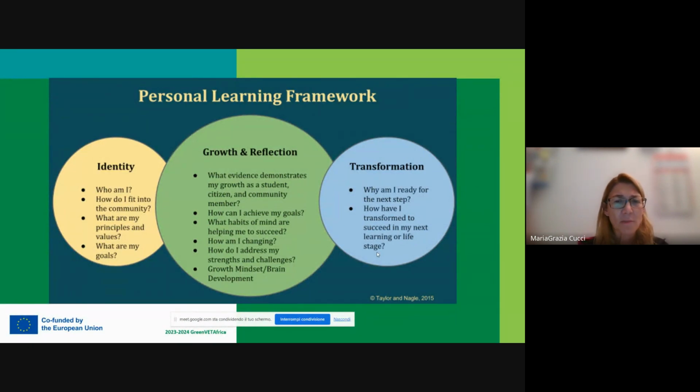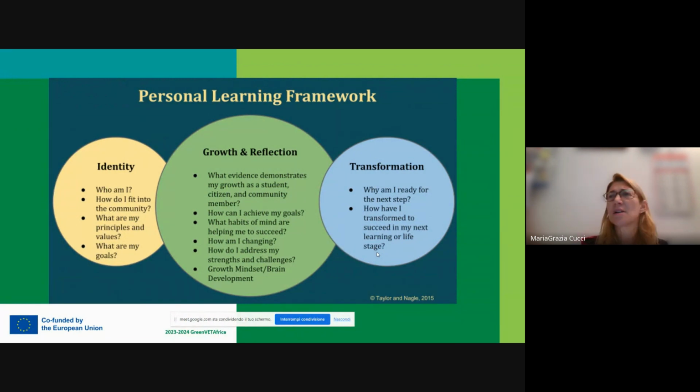What habits of mind are helping me to succeed? This is the very important question about the situations in which I am more likely to be in the good condition to achieve my goals. At school, from the very beginning, at home, with the others, starting from very easy things.